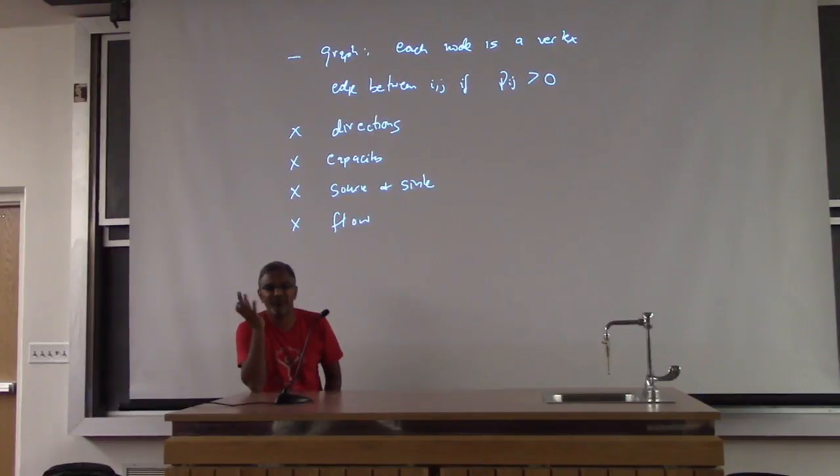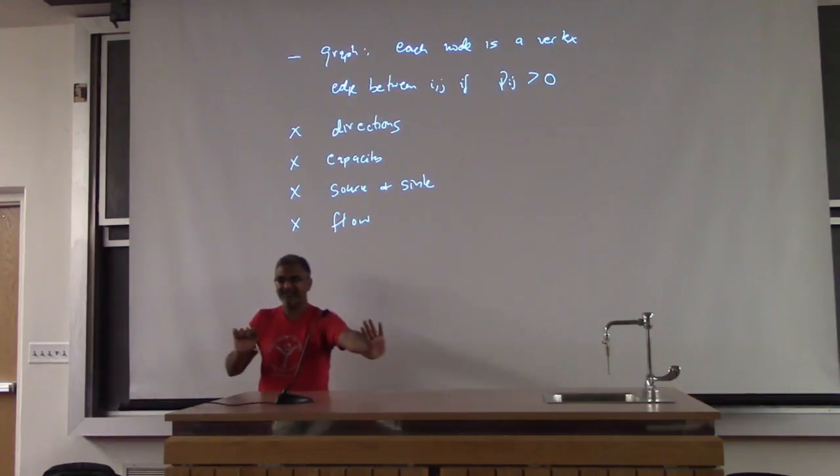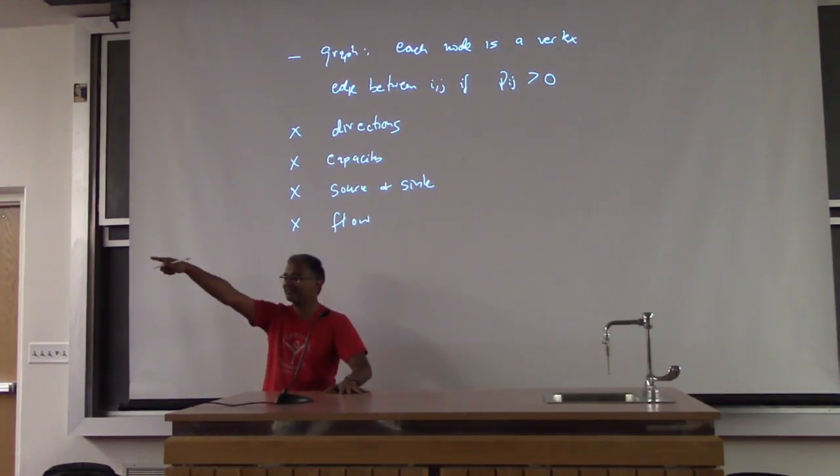Remember, flows are a Jekyll and a Hyde. There's the evil twin. Who's the evil twin of the flow? There's the mirror image. There's the flow and there's the... Who said cut? The cut.